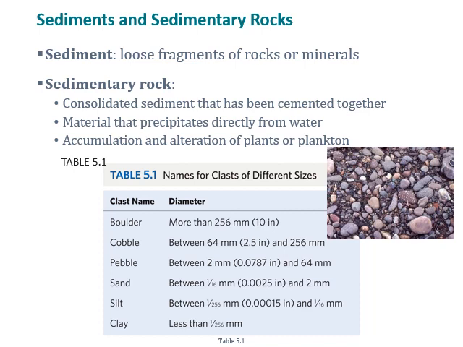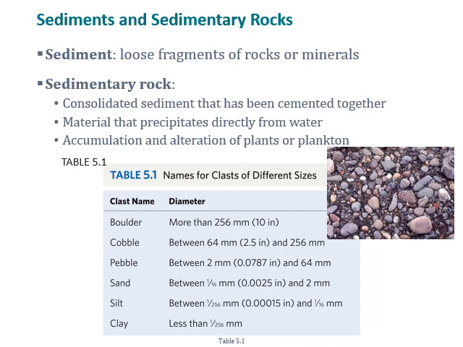So for the first type of sedimentary rock, these are described by the grain size or clast size. The largest size of clasts in sediments are boulders, which are more than 256 millimeters or 10 inches, and the smallest size is clays, which are less than 1/256th of a millimeter.